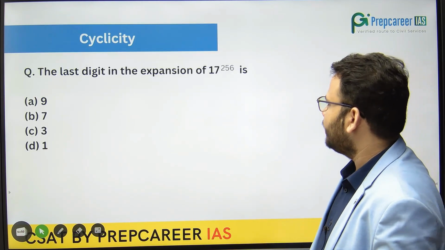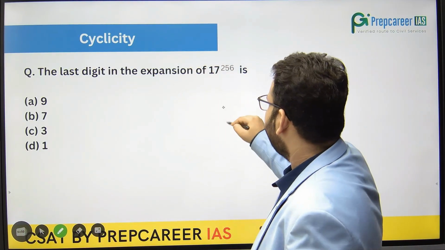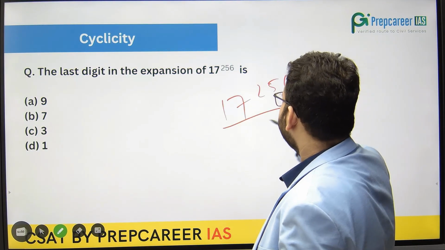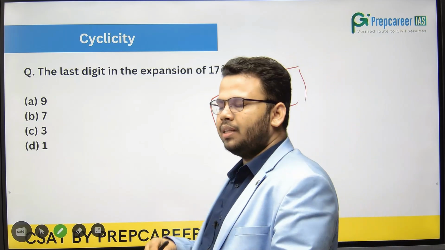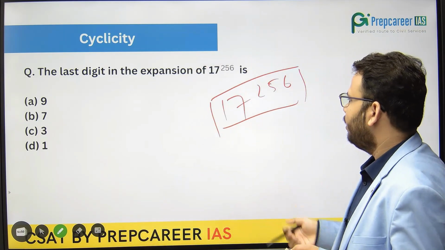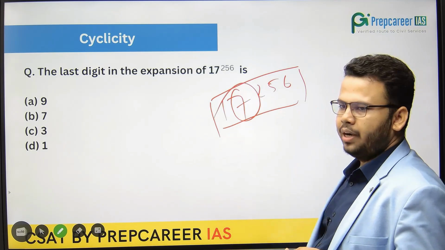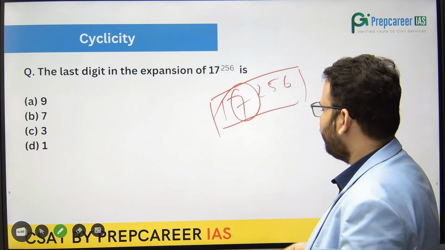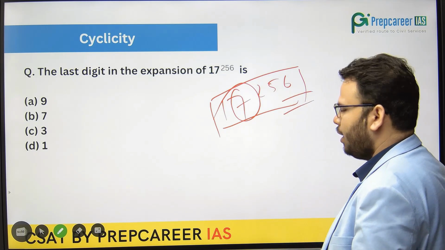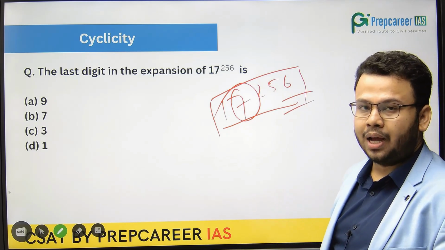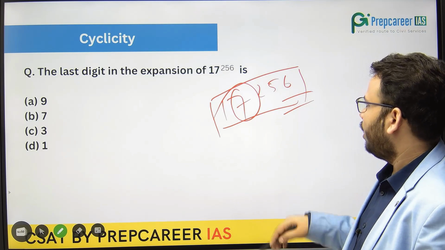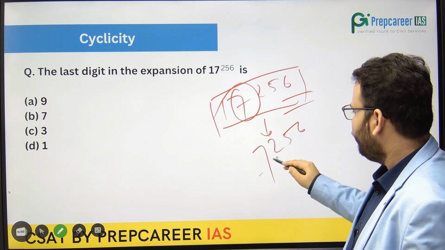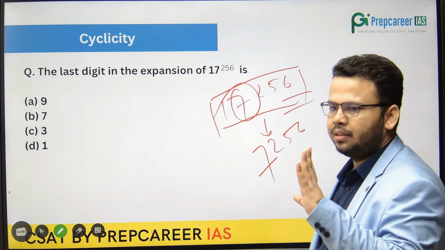Now let us have a look at this question. 17 to the power 256. No matter what the number given is, you just need to focus on the unit digit. The unit digit of this number will be the same as the one you will have when you have 7 to the power 256.